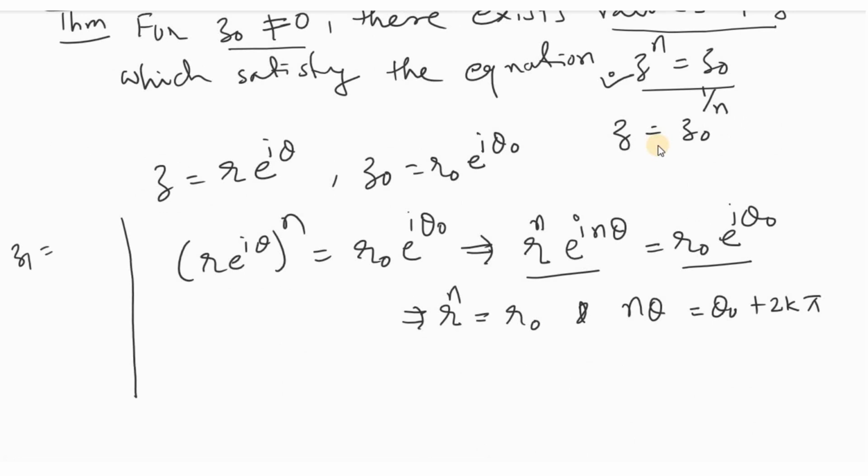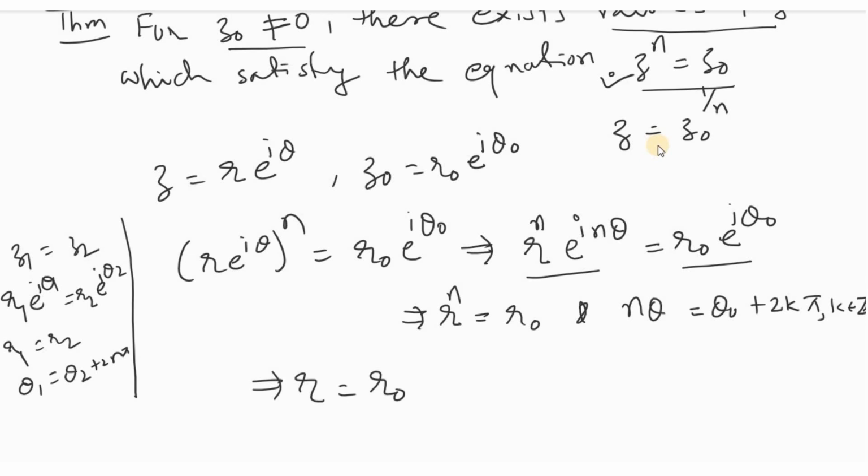That means if z1 = z2, and r1 e^(i theta1) = r2 e^(i theta2), then r1 is the same as r2 and theta has a difference of 2n pi, that we have already discussed in our previous lecture, and this k belongs to Z. You can take any integer value. So this gives you r = r0^(1/n), that means the nth root of r0, and theta that we can have is (theta0 + 2k pi)/n.